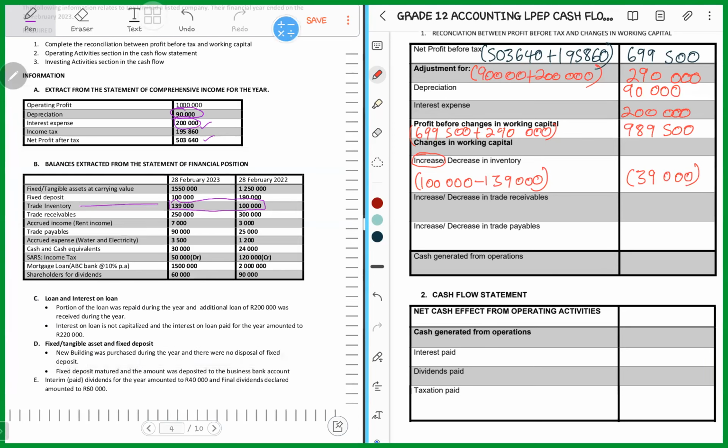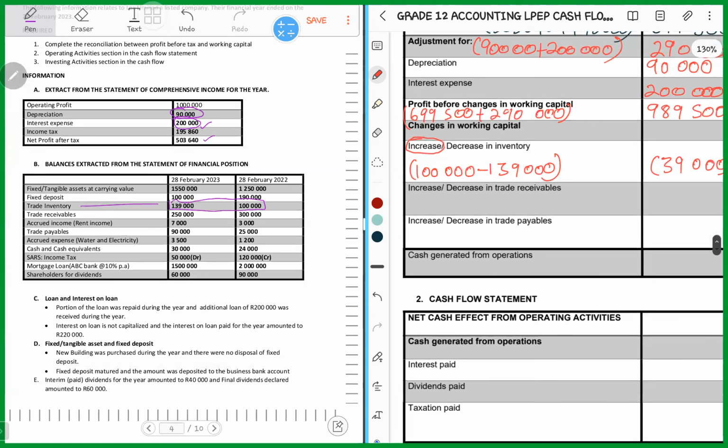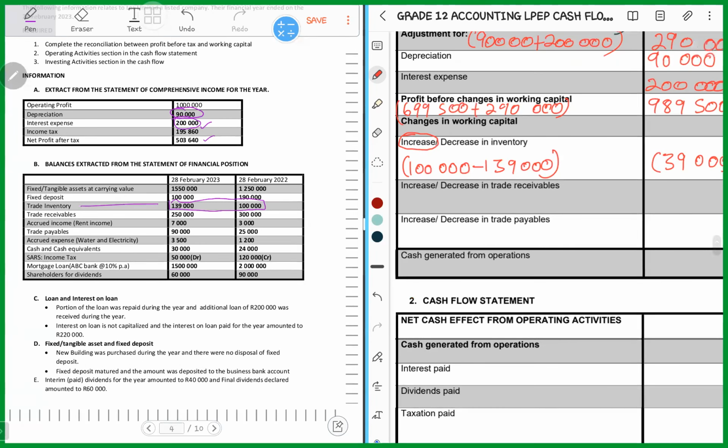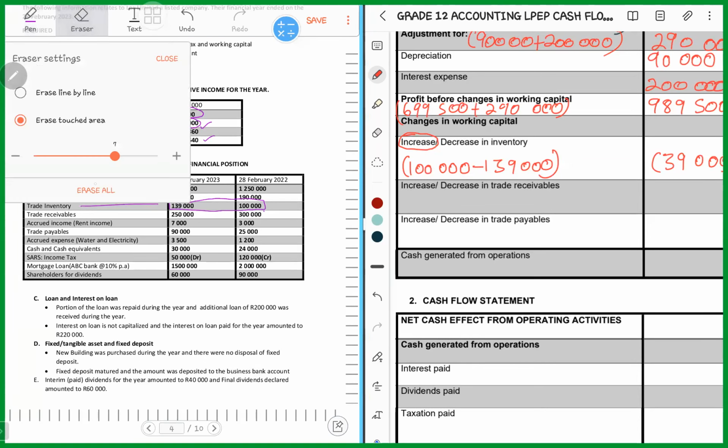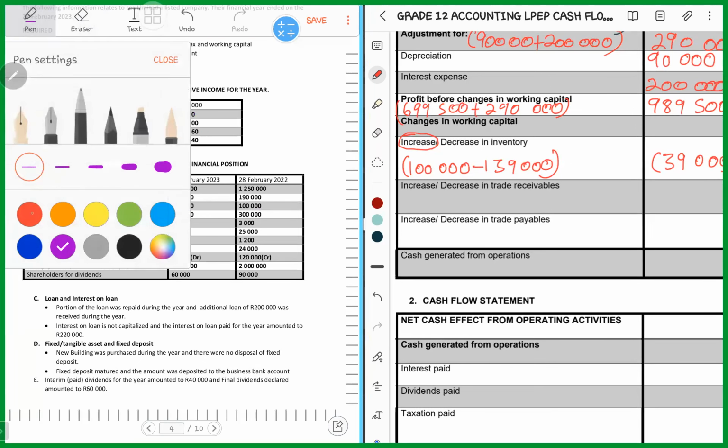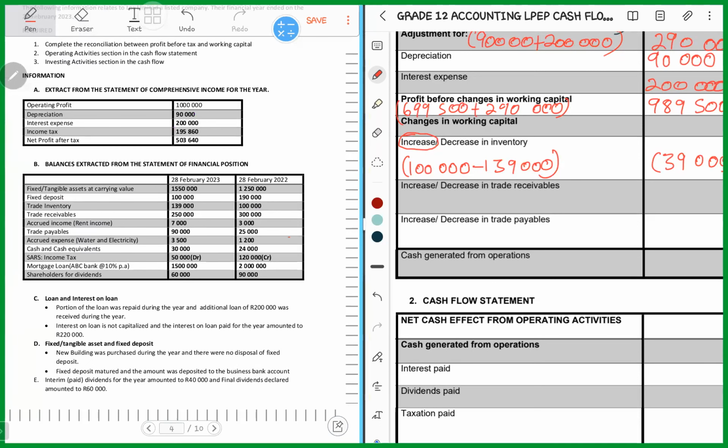Then now it's the trade receivables. Okay, so for trade receivables, we're going to refer to these two items here. So what we are going to do, we're going to add them together.